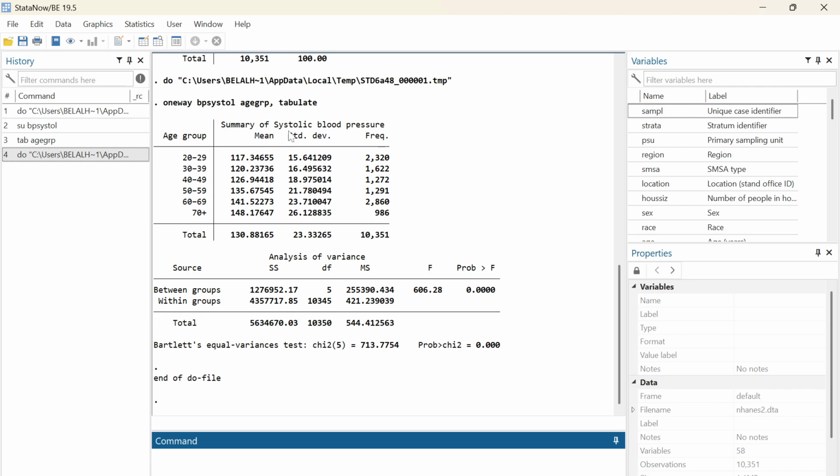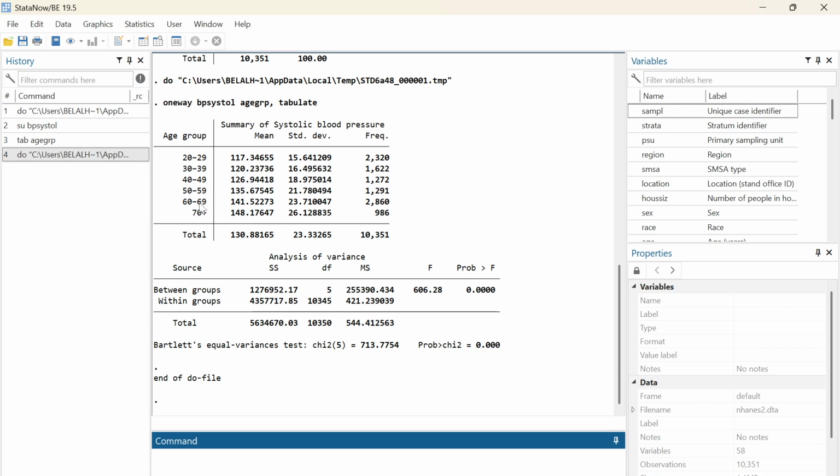From the summary systolic blood pressure table, you can see the distribution of the mean systolic blood pressure across age groups. The lowest you can see is for 20 to 29 year old people. They have a really very normal average blood pressure, and then 30 to 39 is slightly higher than this group, and this is also normal, then 40 to 49, and then 50 to 59, 60 to 69, and 70 plus.